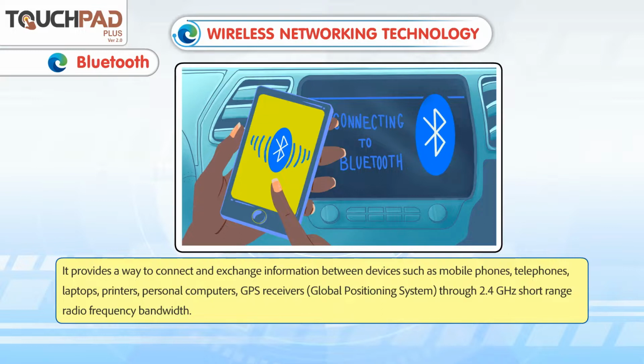It provides a way to connect and exchange information between devices such as mobile phones, telephones, laptops, printers, personal computers, GPS receivers, that is, Global Positioning System, through 2.4 GHz short-range radio frequency bandwidth.